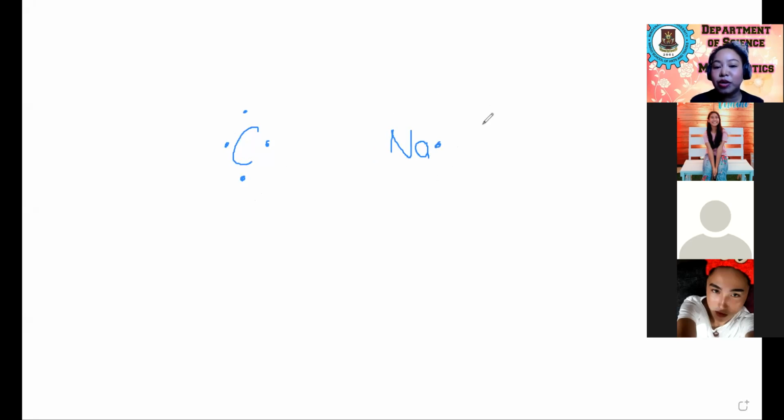Now, kani si sodium atong unahon. Pila gani ka valence electron ang kailangan para siya ma-stable, mapareha siya sa noble gas? So, 8, ma'am. Kay dili man apil si carbon sa duet rule, di ba? 5 ra ang duet rule: hydrogen, helium, lithium, beryllium, and boron.